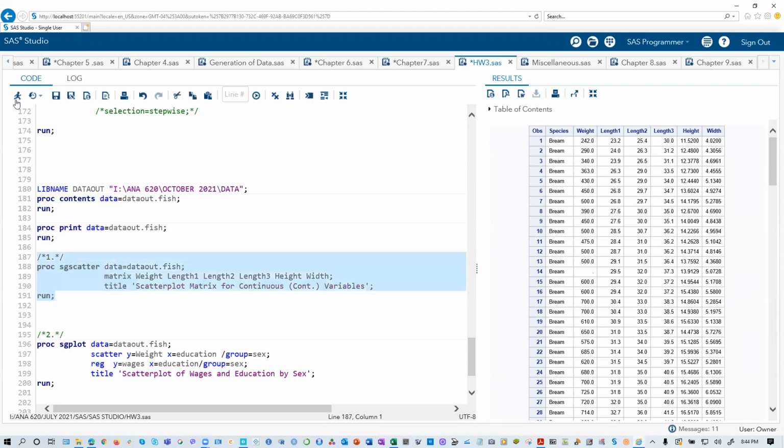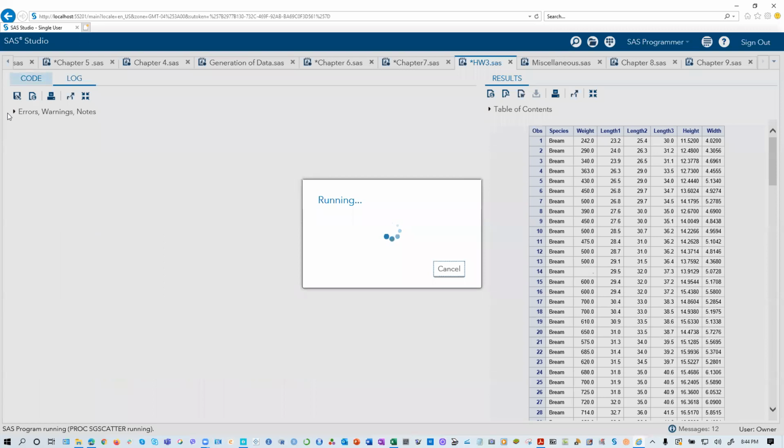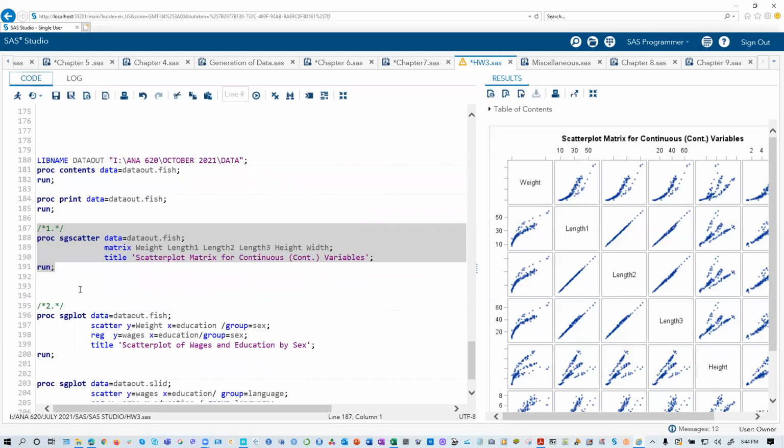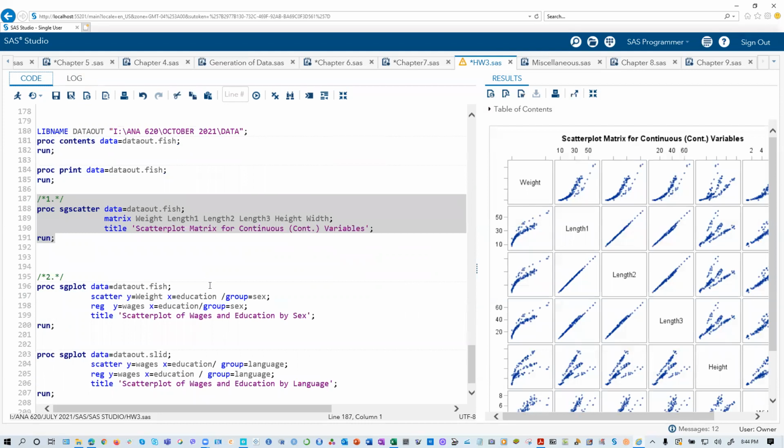So this is okay, but here this next one, number 2, create 2 groups scatter plot for wages and education.